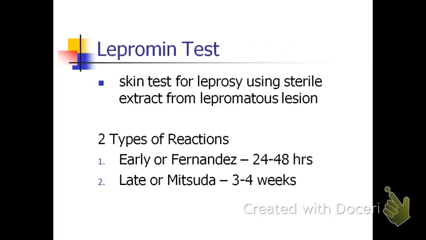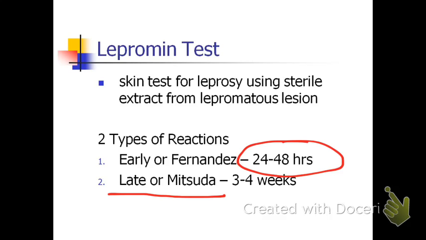So the lepromine test is the skin test for leprosy, wherein we use the sterile extract from lepromatous lesions. There will be two types of reaction in the lepromine test: the early or the Fernandez reaction, which occurs in about 24 to 48 hours, and the late or the Mitsuda reaction, which would occur 3 to 4 weeks after the inoculation of the lepromine.